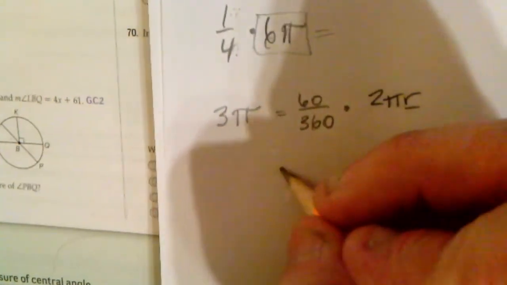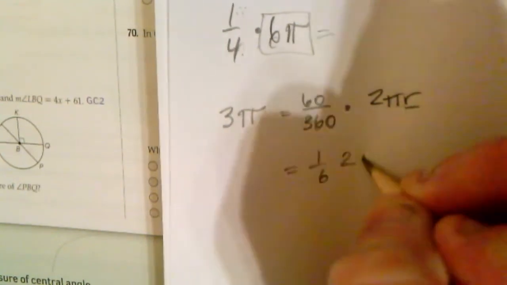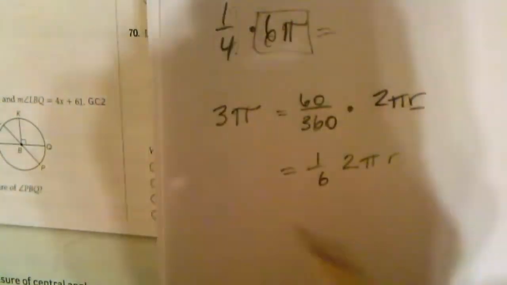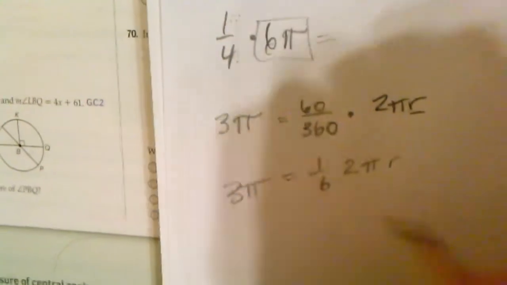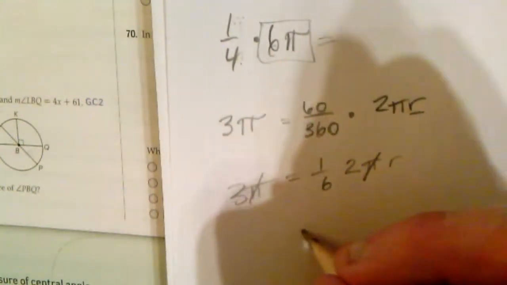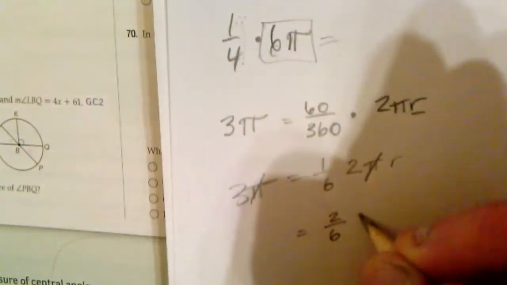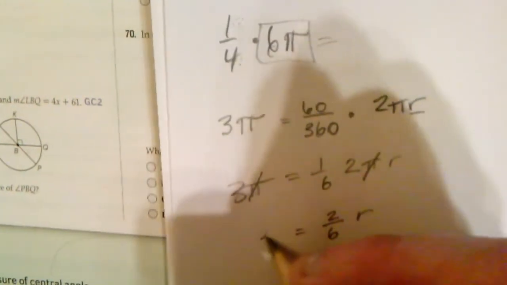Now, if I reduce this fraction down, that becomes 1/6, times 2 pi and the radius, equals 3 pi. Okay, if we divide both sides by pi, we cancel them out. And so I'm going to go ahead and multiply these two together, so I get 2/6 the radius is equal to 3. Okay.